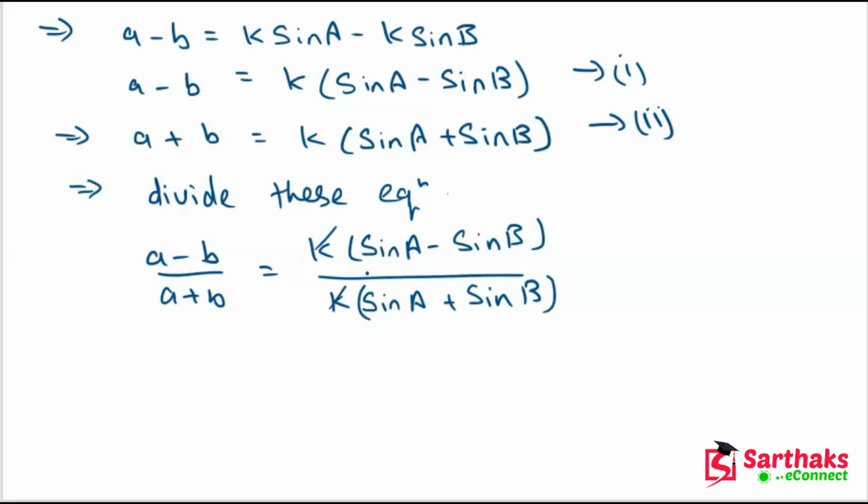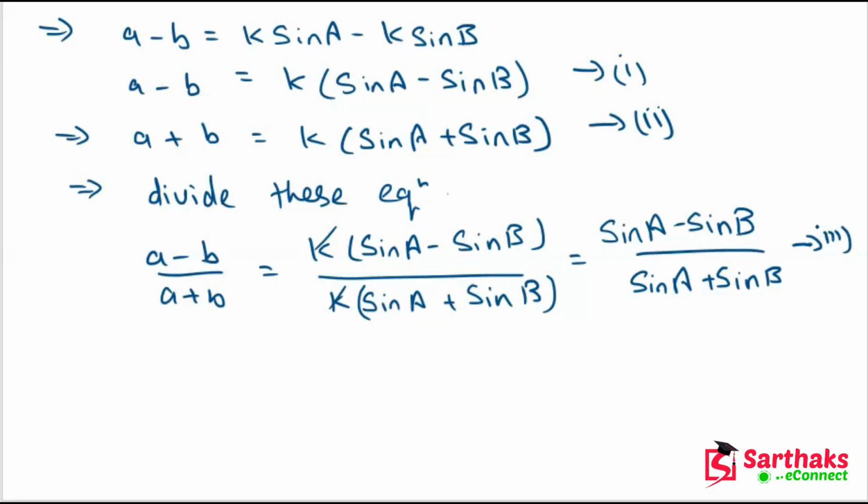This k will be cancelled, so we get (sine a minus sine b) divided by (sine a plus sine b). This is equation 3.